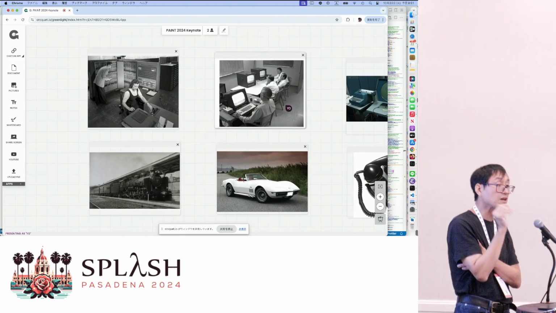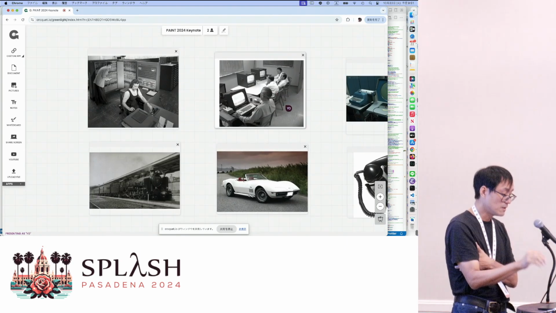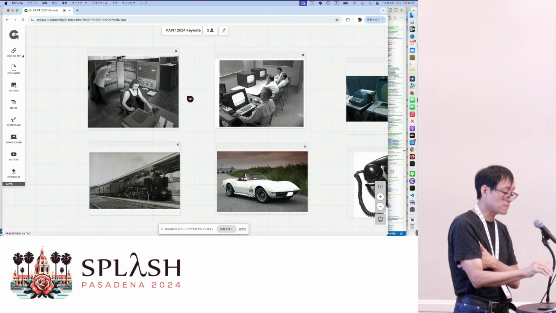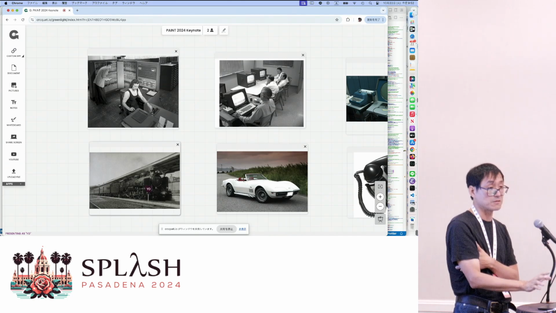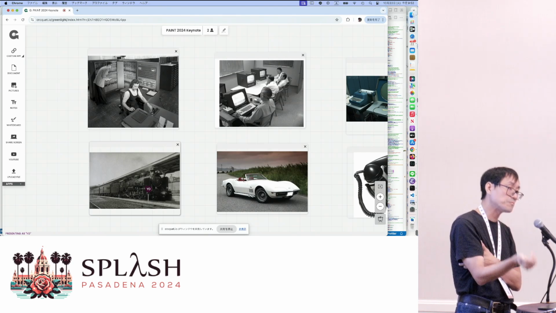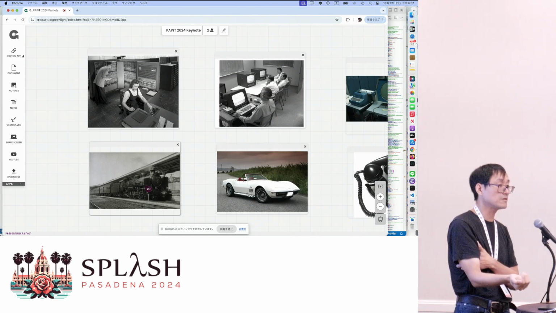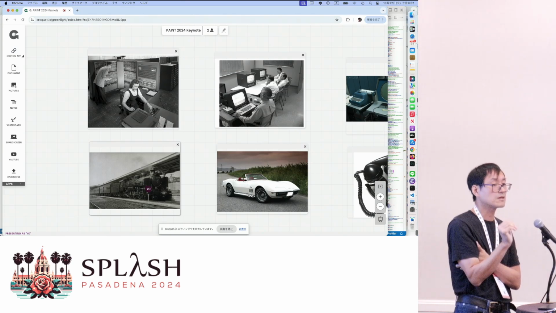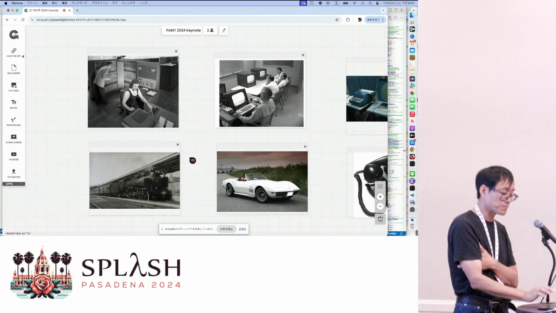From Engelbart's point of view, the mainframe computers were like railroads. It's clunky, you cannot go places where you want to go, or when you want to go. You need to coordinate, you need to wait for other people, and you can only go to limited places.